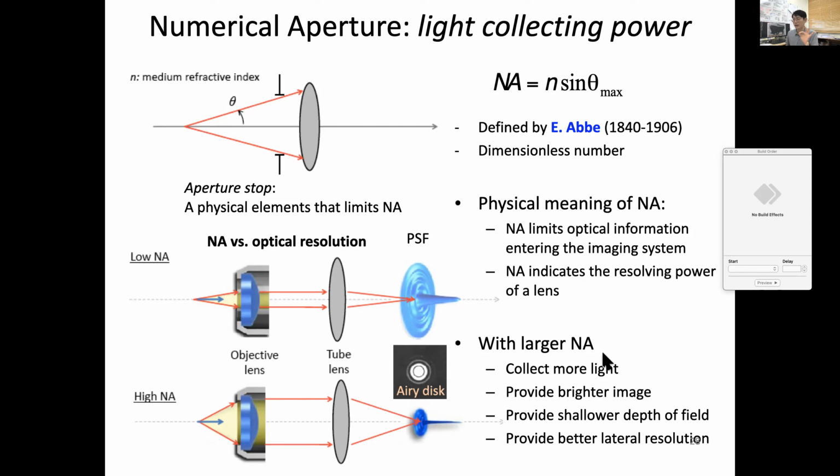So with a larger numerical aperture, you collect more light, and so you have a brighter image, and you have a better lateral resolution. But what are the cons of this? Because of this high angle, you can only focus at the focal plane, but out of focus, you actually quickly lose your sharpness.